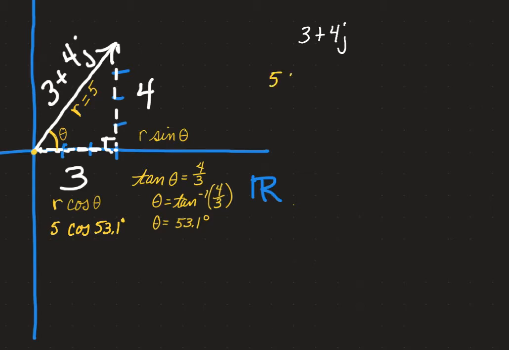It's equal to 5 times the cosine of 53.1 degrees. We're adding to that our value for the imaginary component, which, if we look at this, is equal to 5 times the sine of 53.1 degrees. So we can put that in here.